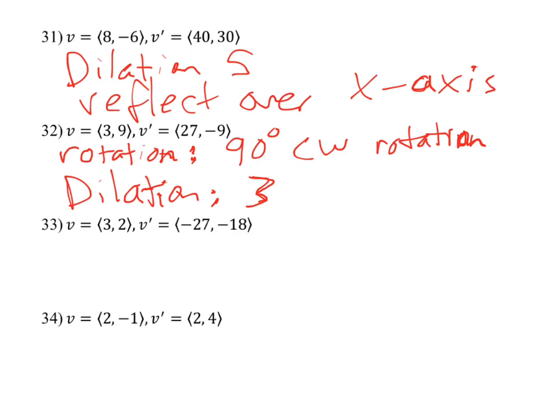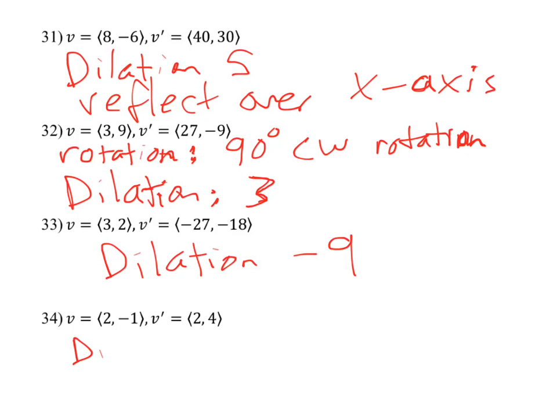On 33, again, we have some dilation going on. But this time it's by a factor of negative 9. And that's it. It changes the signs for us. And dilation can do that. And that brings us to 34, which, again, we change the order and we times by 2.